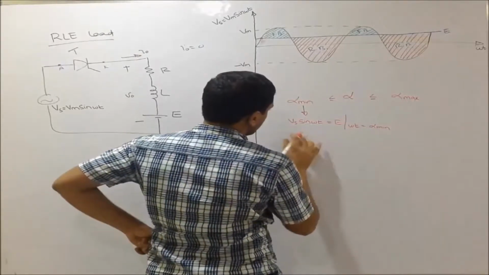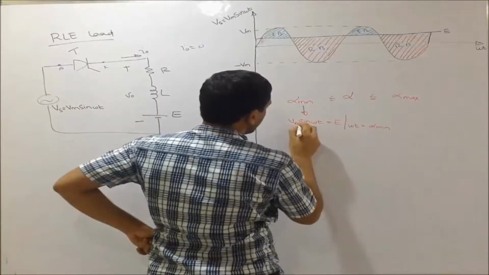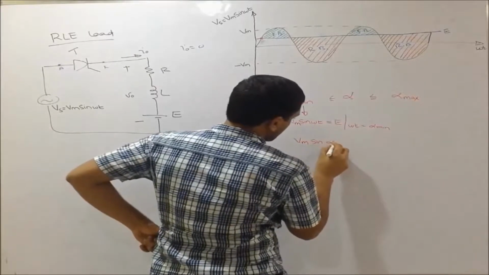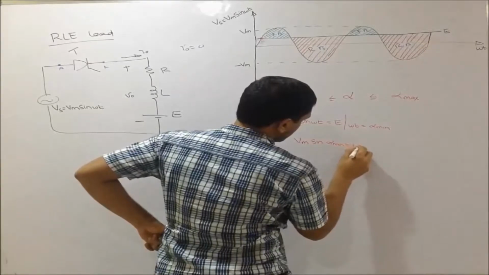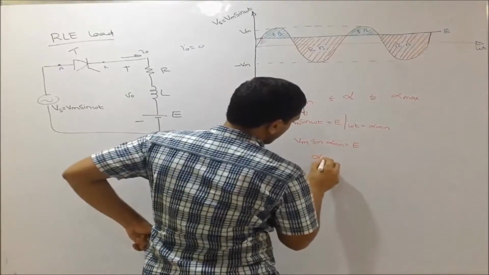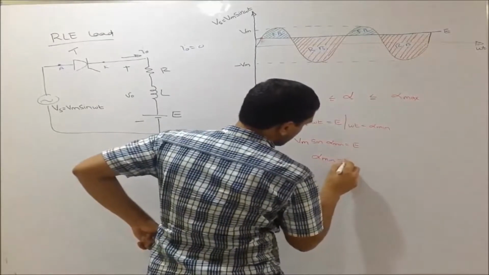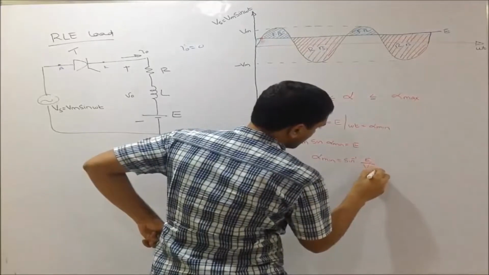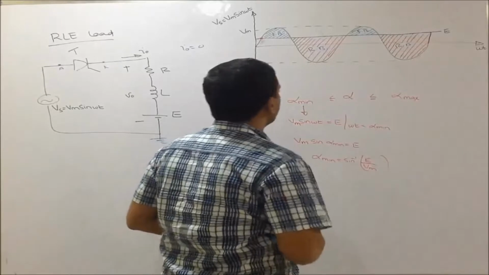So Vs, this is Vm. So here Vm sin alpha minimum equal to E. Thereby alpha minimum equal to sin inverse E by Vm. So this is the expression for alpha minimum.